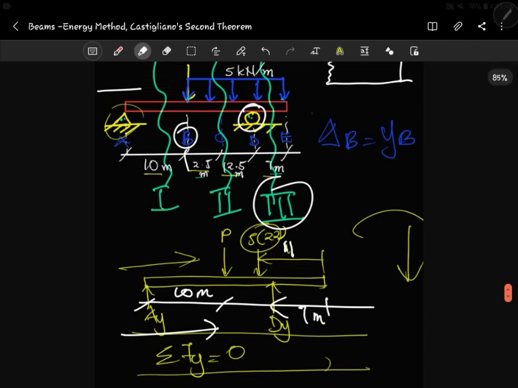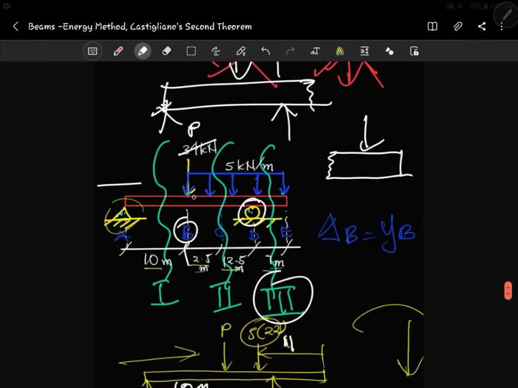For the next one, the section is between where this one ends, which is 10, and where you meet the next force, which is here.